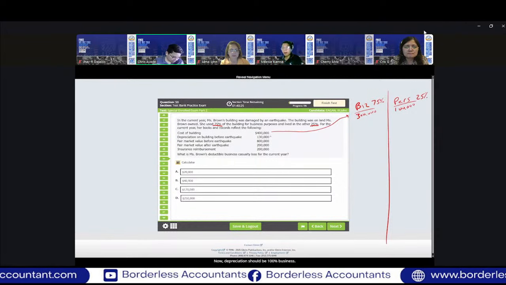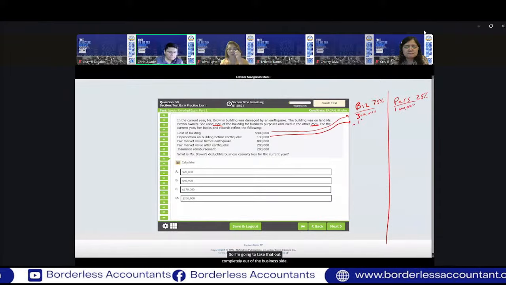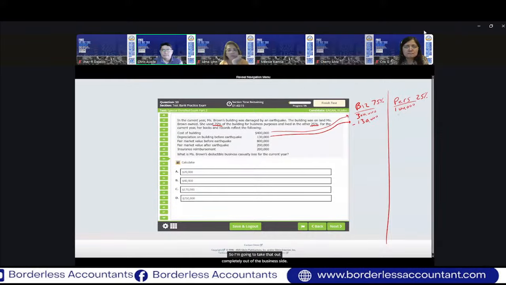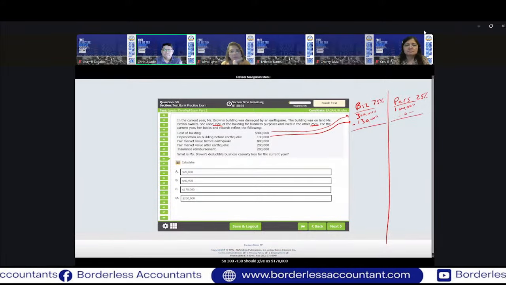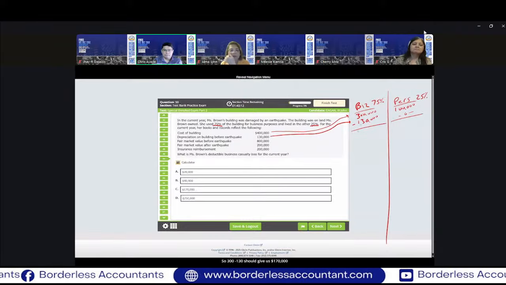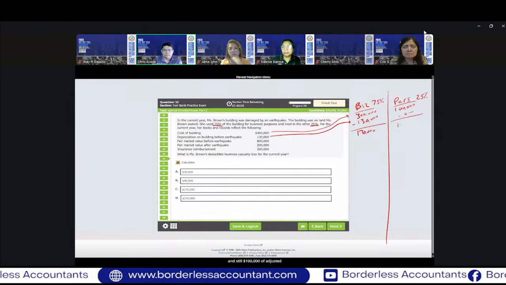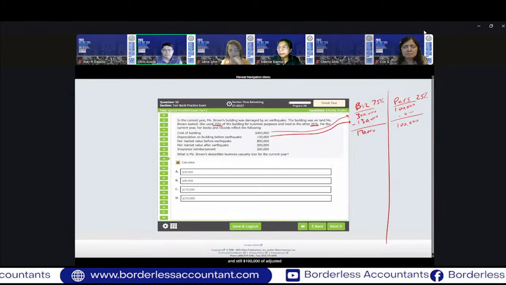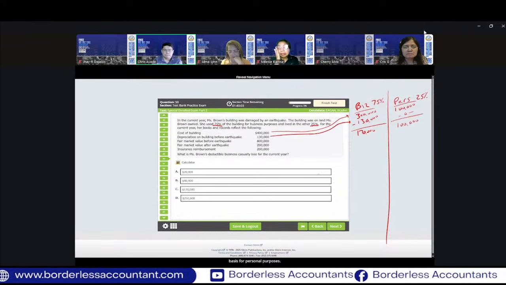Now, depreciation should be 100% business, so I'm going to take that out completely on the business side. We will have nothing over here on the personal side. So 300 minus 130 should give us $170,000, and still $100,000 of adjusted basis for personal purposes.